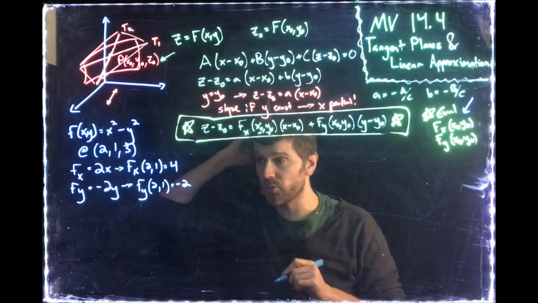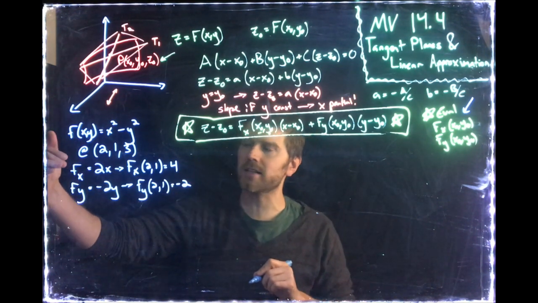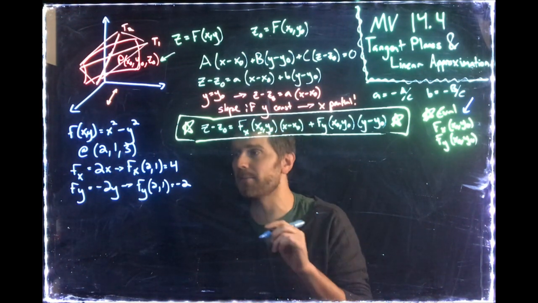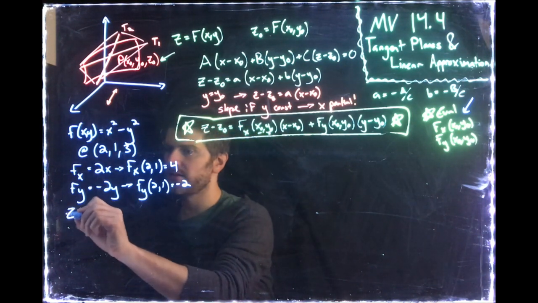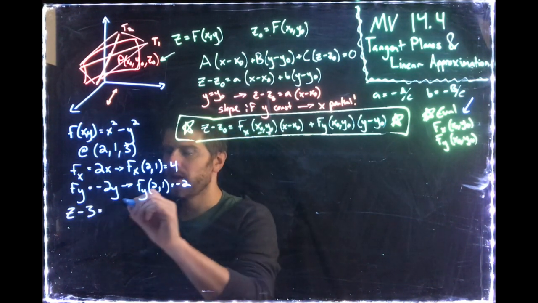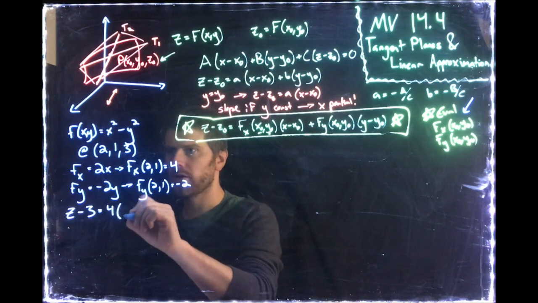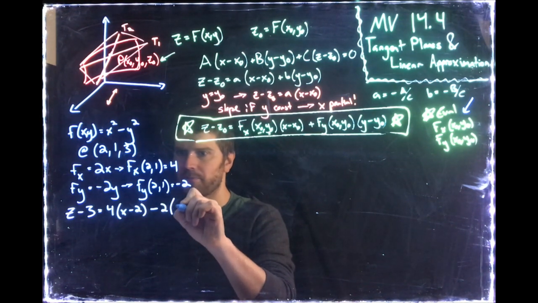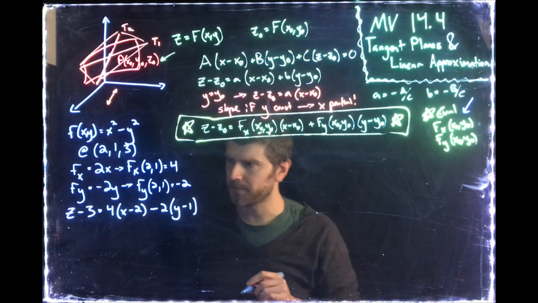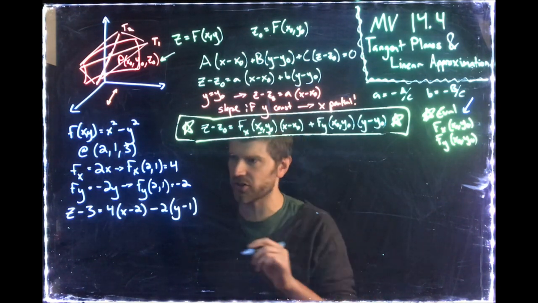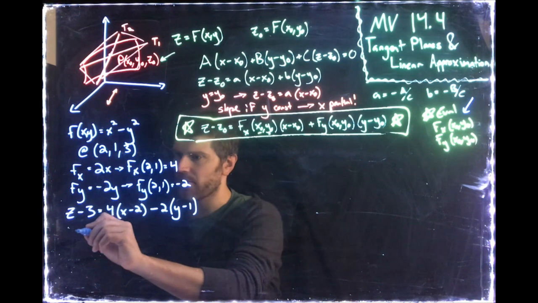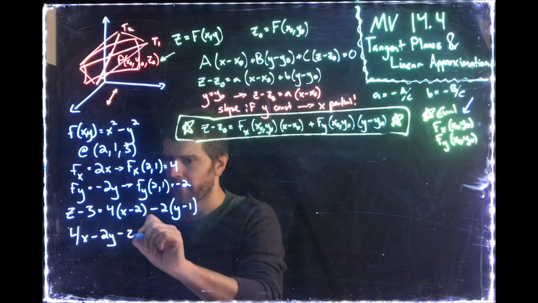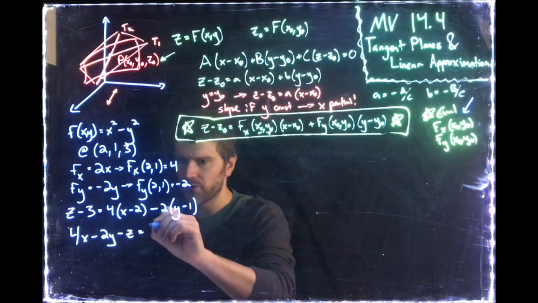So at this point, (2, 1, 3), if I increase x, my function increases. If I increase y, my function decreases. And so now I can put this all together and make my plane: z minus 3 equals 4 times x minus 2, minus 2 times y minus 1. If I multiply everything out, I get the plane 4x minus 2y minus z equals 3.